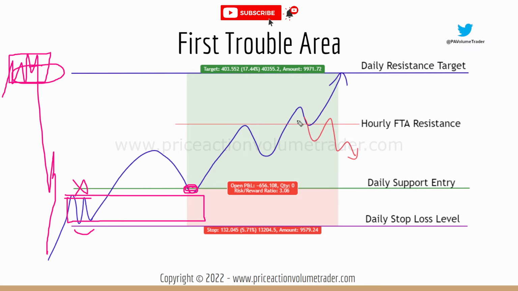But then if we come up here and let's say we dig into the lower time frame, let's say here there was a little consolidation on the way down on the hourly time frame, and then we just hit this and start coming down, and you start freaking out thinking that this whole thing is going to reverse. Well, you got to keep in perspective the daily time frame that you're in.